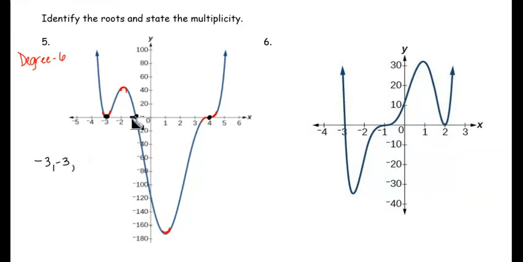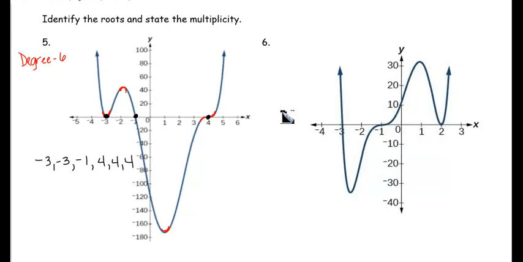If it crosses, then I have a single root. So -1 only shows up once. And if it wiggles, if it's cubic shaped, then I will have that solution 3 times. Total it up. I have 6 answers and I have a degree of 6. So I'm good.